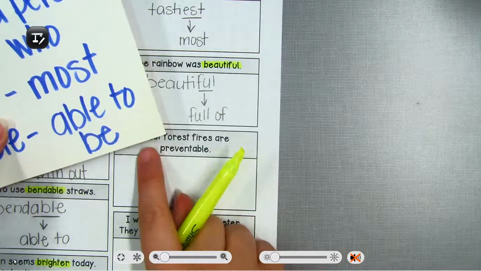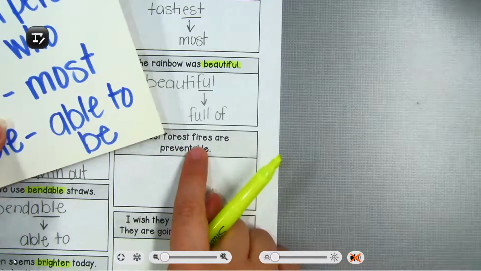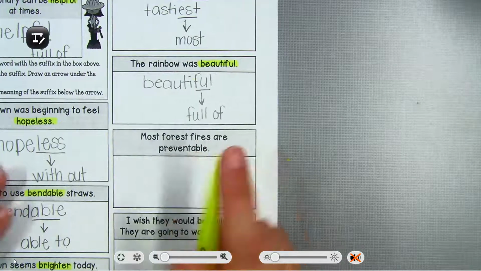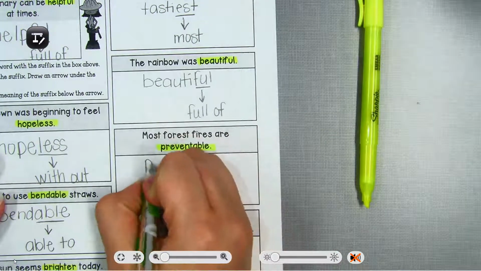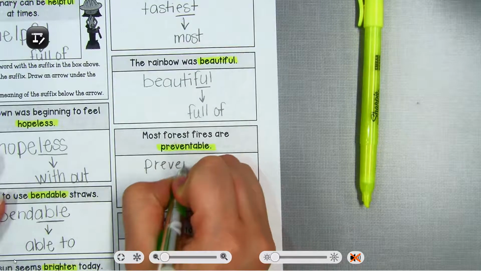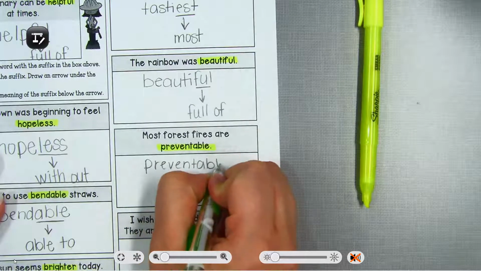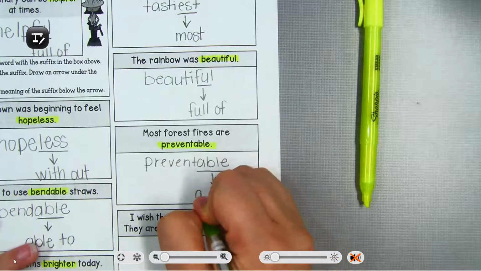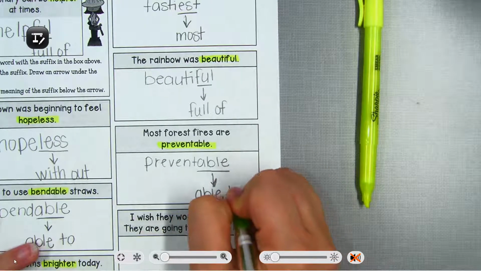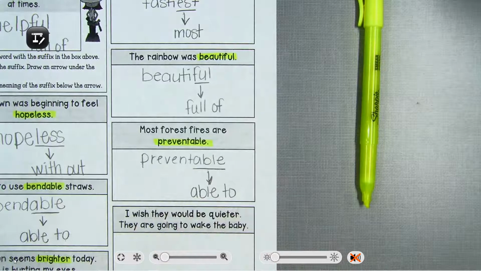So we would say most for fires. So our word is preventable. So able, which is able to. We're able to prevent. Okay.